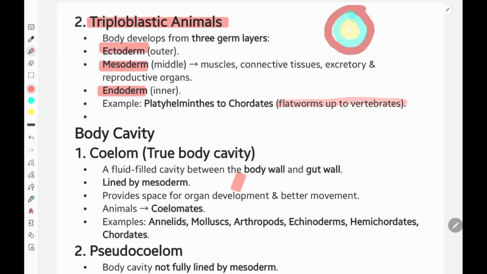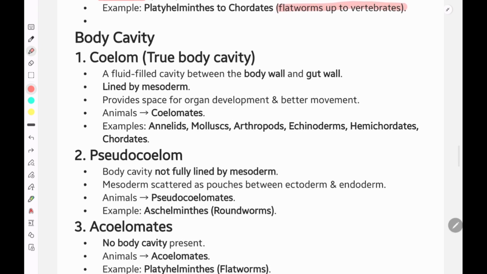If we talk about body cavity, it is divided into three types. The cavity is known as coelom, pseudocoelom, and acoelomates. How are they described? The coelomates are the animals which have a true body cavity, meaning a fluid filled cavity between the body wall and guts.